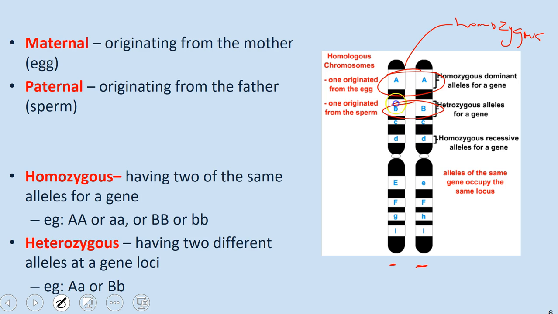Whereas these ones here are heterozygous for an allele because they have a little b and a big B. We use small and capital letters to define the difference between alleles, to say whether they're homozygous or heterozygous. Again, these ones would be homozygous, these ones as well. These ones here would be heterozygous, then homozygous, as we go down.